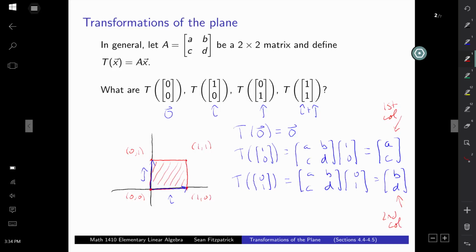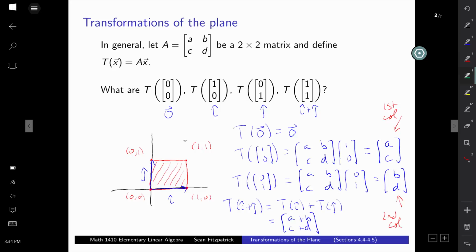Now, as for the far corner of that square, 1, 1, recall that one of the things we can do with a matrix transformation is that it distributes over sums. So T of i plus j is T of i plus T of j. If I add those two together, I get a plus b and c plus d. So if I want to visualize this, once I know where T of i and T of j go, I can add them together to figure out where the far corner goes.